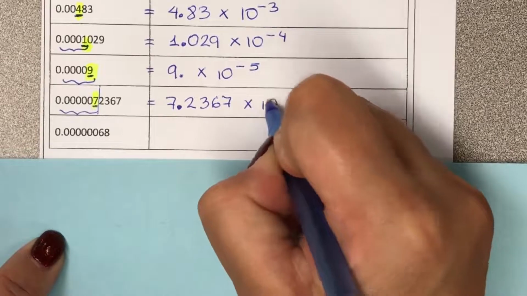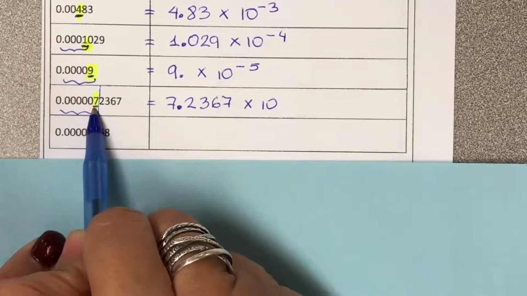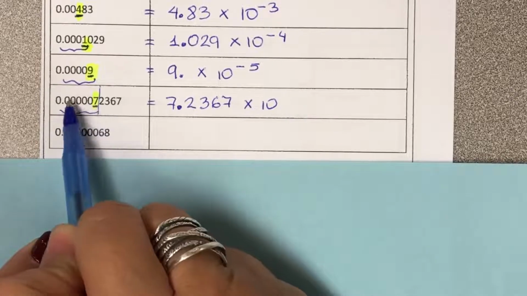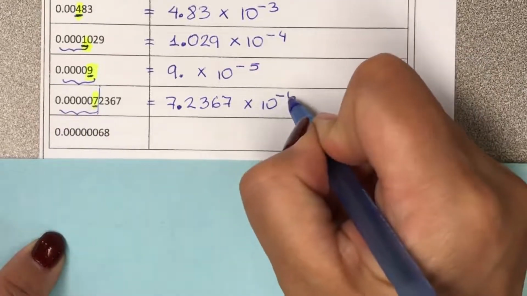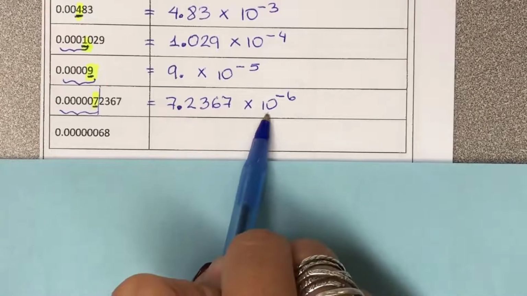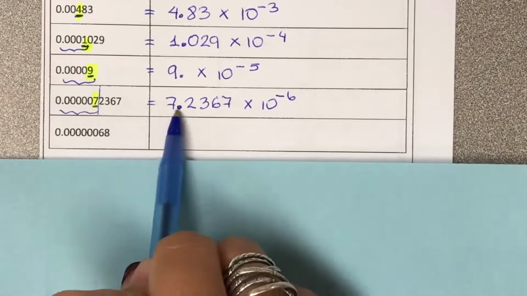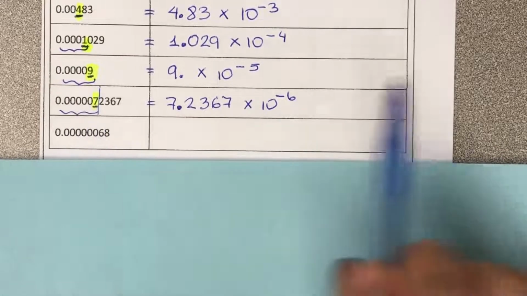Multiply by 10 raised to the power of how many digits you have behind the decimal, including the 7. So 1, 2, 3, 4, 5, 6. Negative 6. So that means if I divide 7 by 10 six times, with every division the number becomes smaller and smaller and smaller, and that will come back to the original number here.